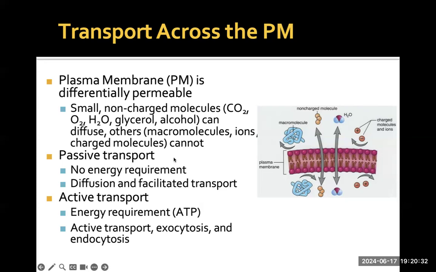Passive transportation, by definition, is not going to require energy. Active transportation, by definition, is going to require energy to move the stuff. Passive transportation examples are diffusion and facilitated diffusion, or facilitated transport. Active transportation examples are exocytosis or endocytosis.